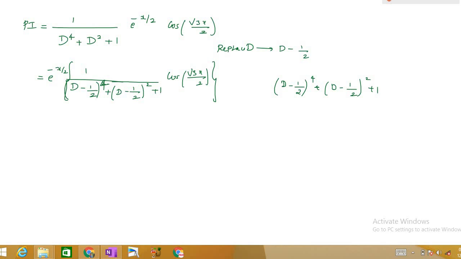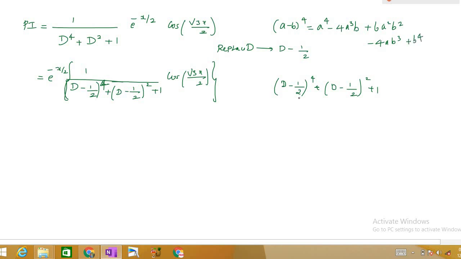First we know that a minus b whole power 4 is equal to a power 4 minus 4a cube b plus 6a square b square minus 4ab cube plus b power 4.